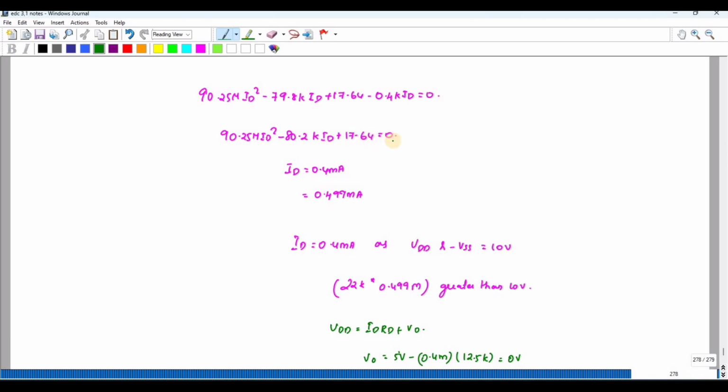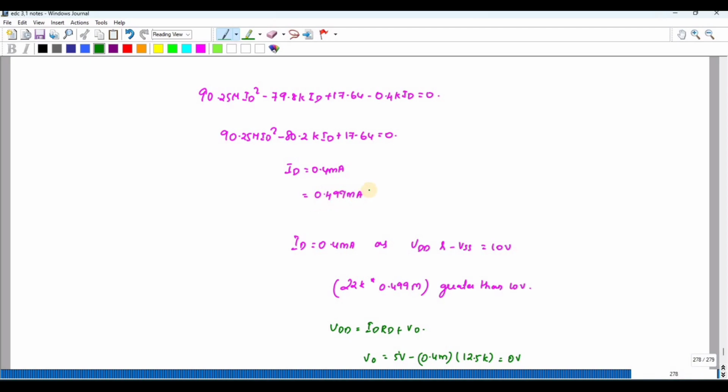If you solve this quadratic equation, you will get two values of ID. One is 0.4 milliamps and another one is 0.499 milliamps.